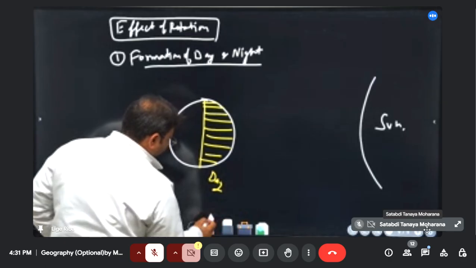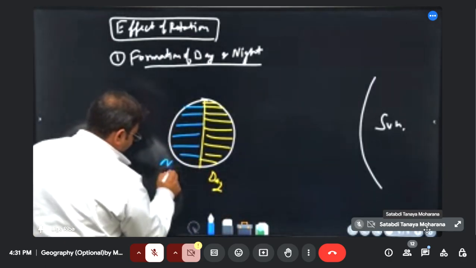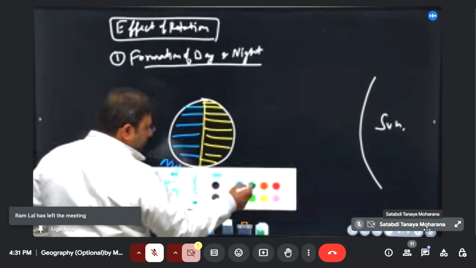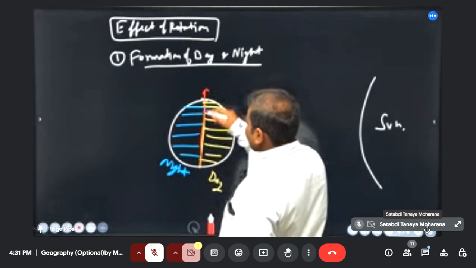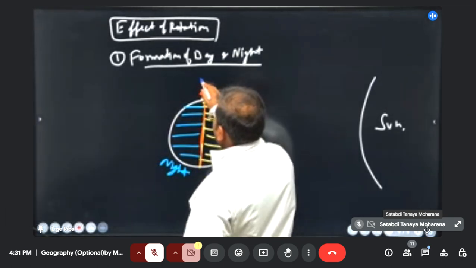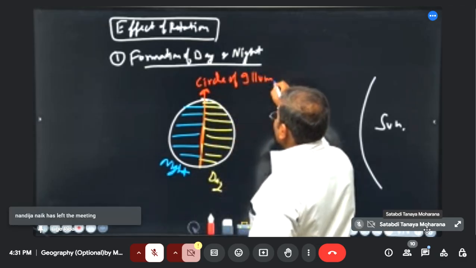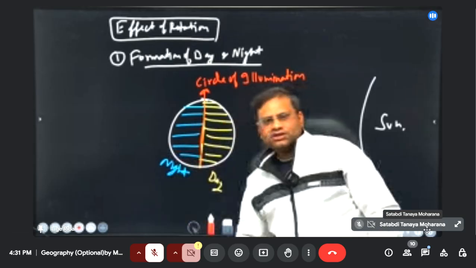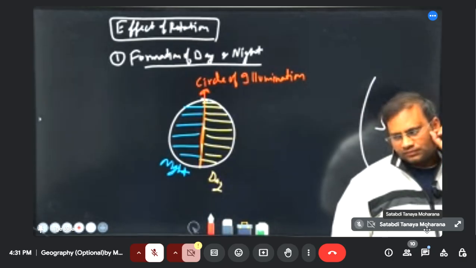But what about this back side? This is in night. So we can make an imaginary line which separates day from night. This line, or this circle you can say, is called the circle of illumination. So the circle of illumination separates day from night. Circle of illumination. Alright, dear.